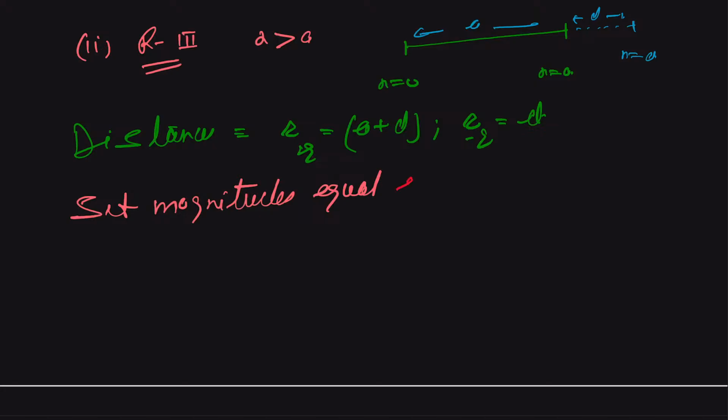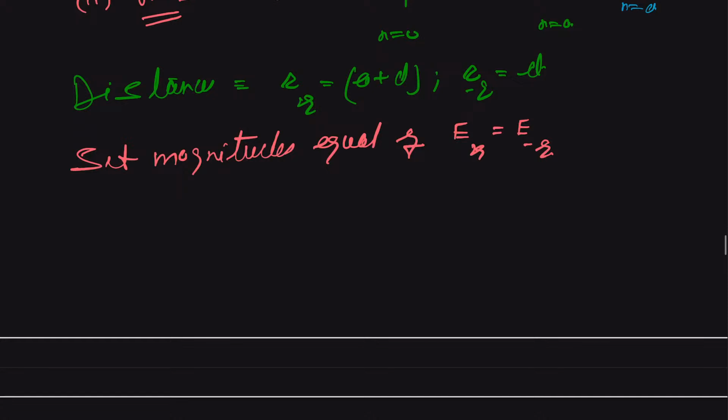So E of 2q should be equal to E of minus q, and we get from here 2 upon a plus d whole square is equal to 1 upon d square.